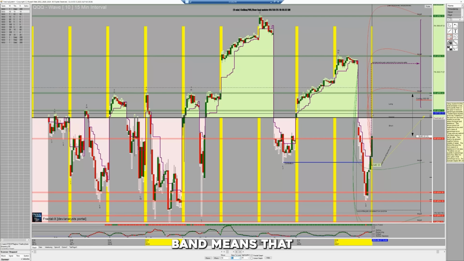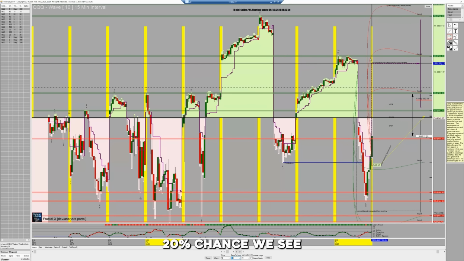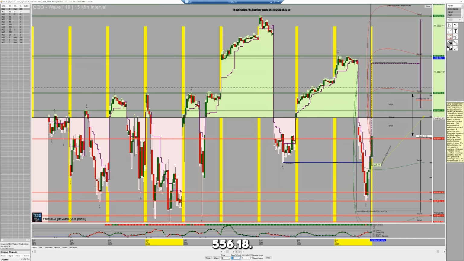Because an 80% band means that when price transitions above the pivot, there's an 80% chance that that price gets hit. For example, if we see a transition here, there's an 80% chance we see 547.72. Then there's a 50% chance we see 550.44. Then there's a 20% chance we see 556.18. Make sense?